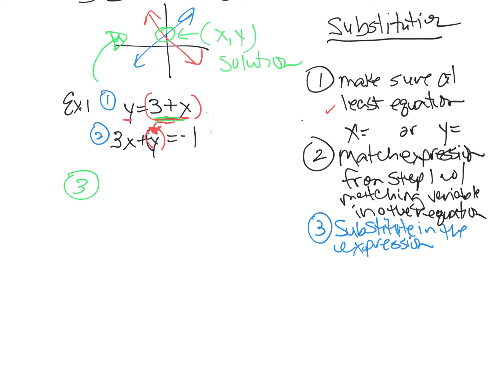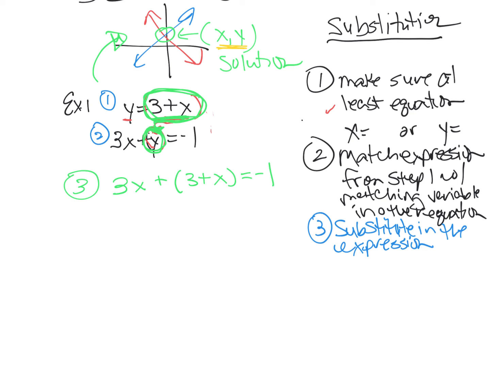So again, I'm taking this 3 plus x and I'm going to plug it in here. So I have 3x plus 3 plus x equals -1. Notice this y is now replaced with this expression, because remember this is a system that works together. So if y equals something in one equation, I need y to be equal to the same thing in the other equation because we're saying they're both matching up at this ordered pair, right?